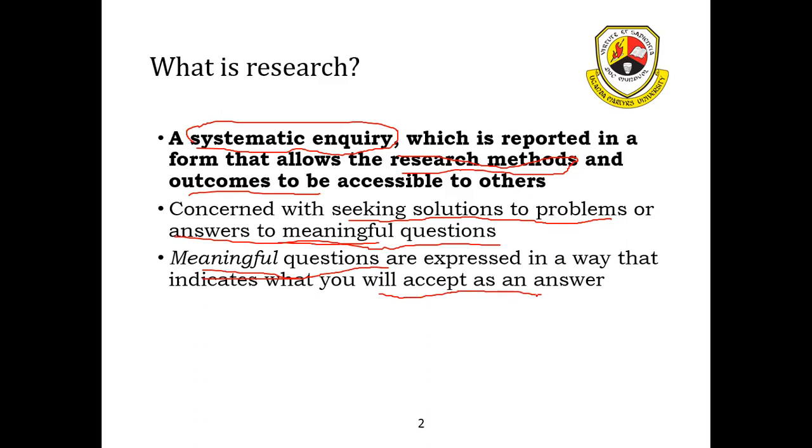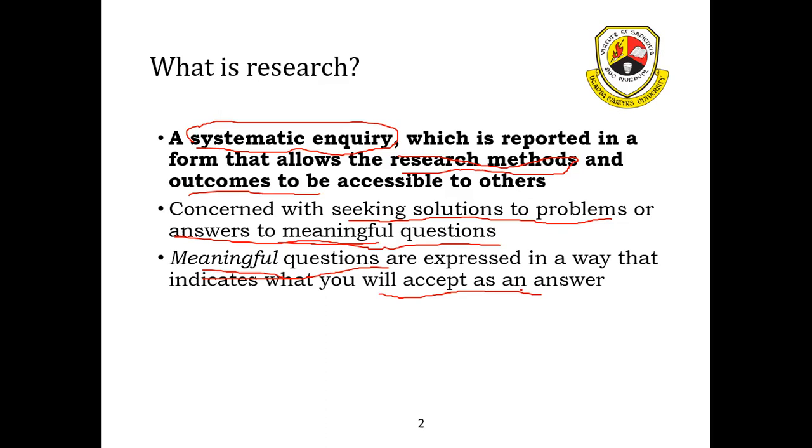The way they're expressed, the answer that you get should be responding to the question itself. So as you state your objective, take note that your objectives, which you can turn into research questions, should give you answers to that overall objective. They must make a contribution to the overall objective.